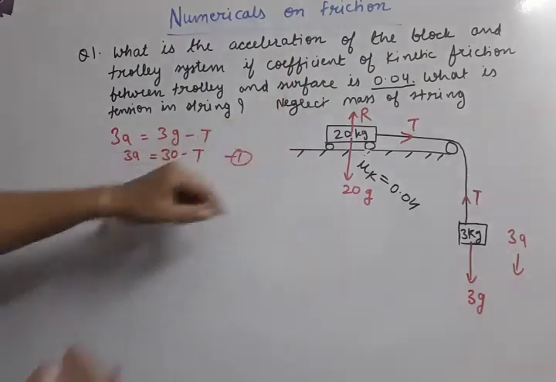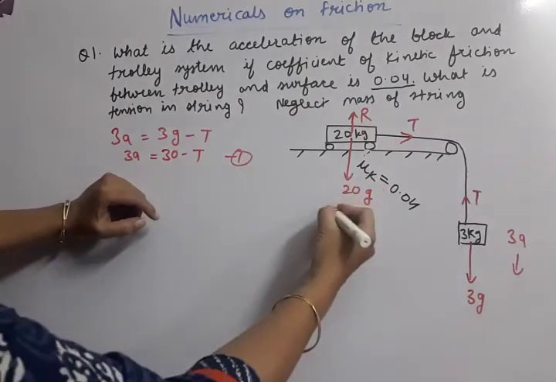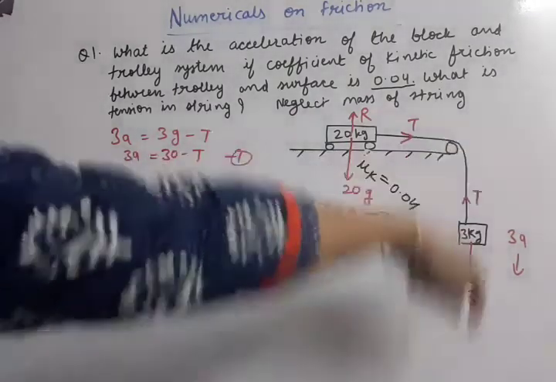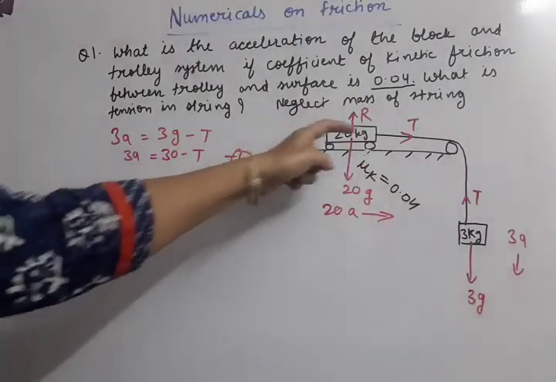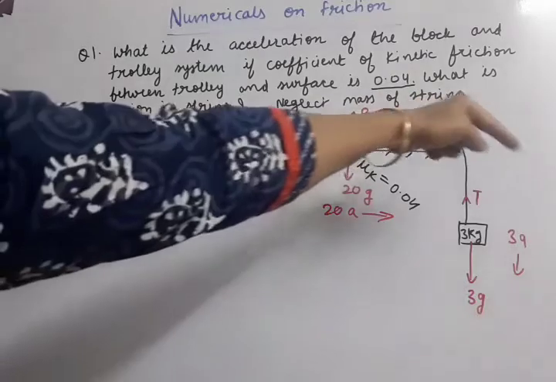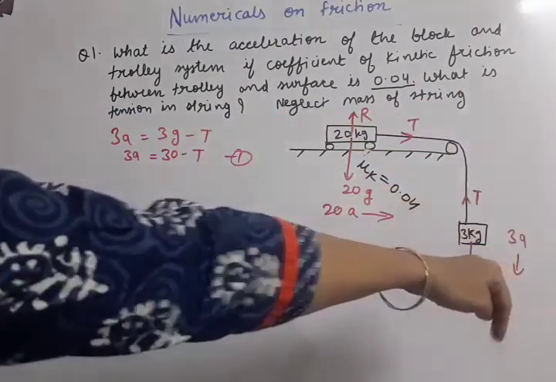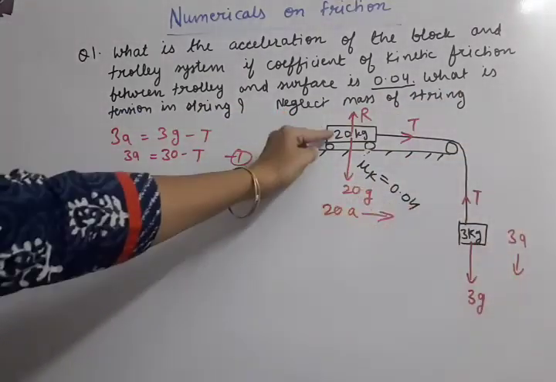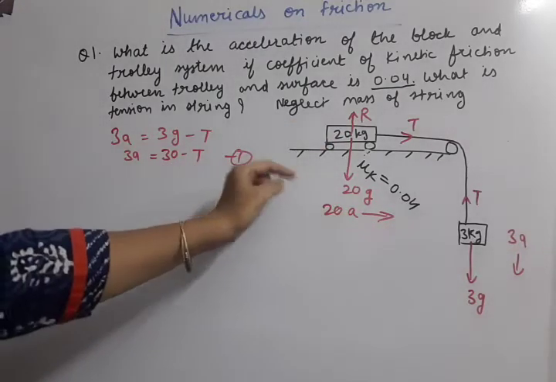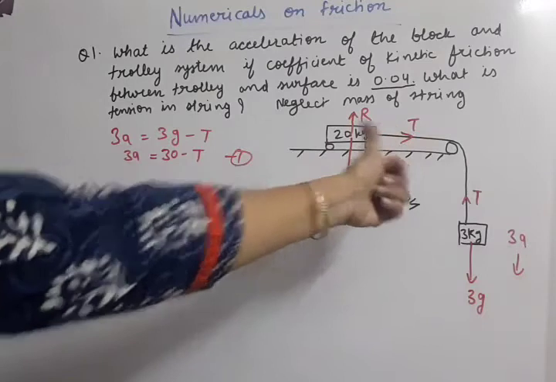Then the motion of this object, 20a, is in that direction because this 3 kg is pulling it down, so the overall system will move in that direction because of this 3a. So 20a means the motion of this trolley is that side. Now since the motion is that side, the friction force works opposite to the motion.